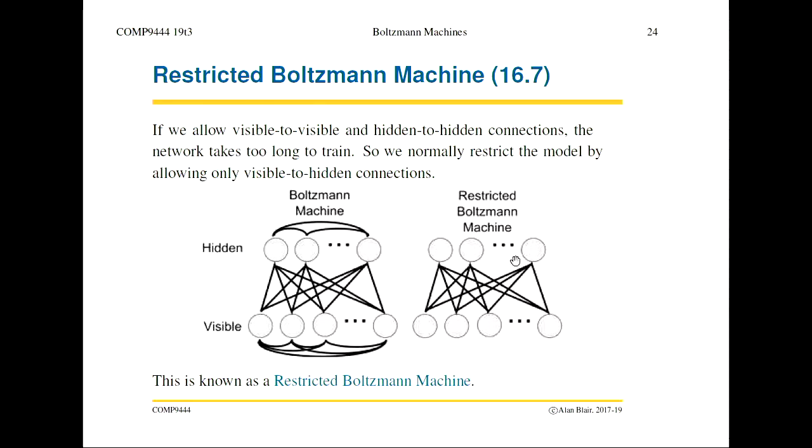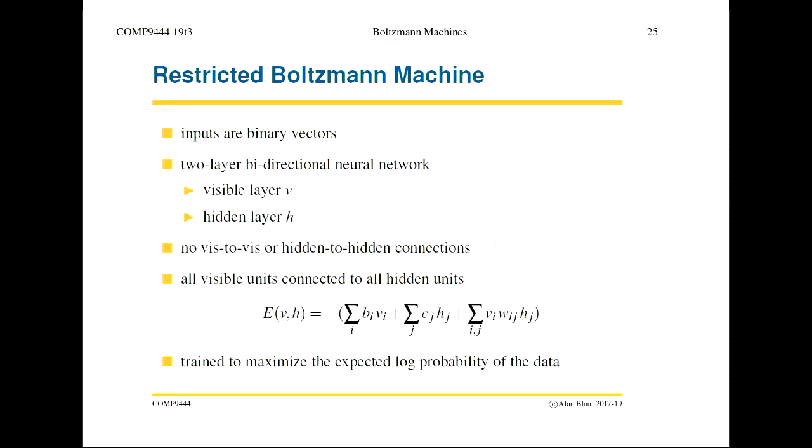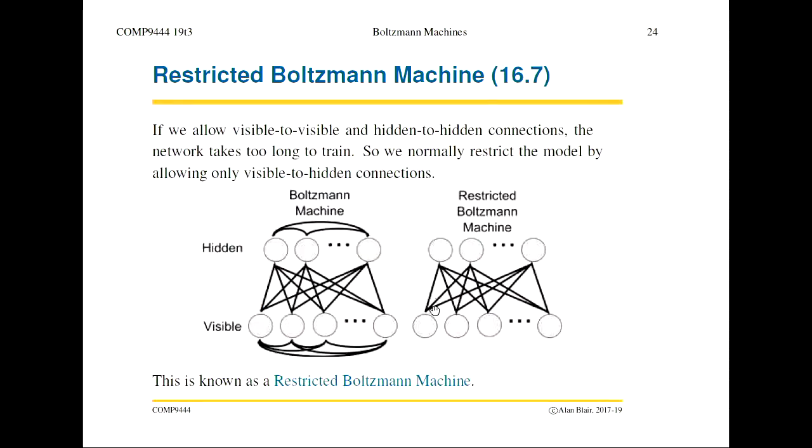And the same thing, if an input node wants to switch from 0 to 1 or 1 to 0, it only interacts with the hidden nodes, not directly with the other input nodes. So that probability will only depend on the hidden nodes. This allows us to parallelize the update process.